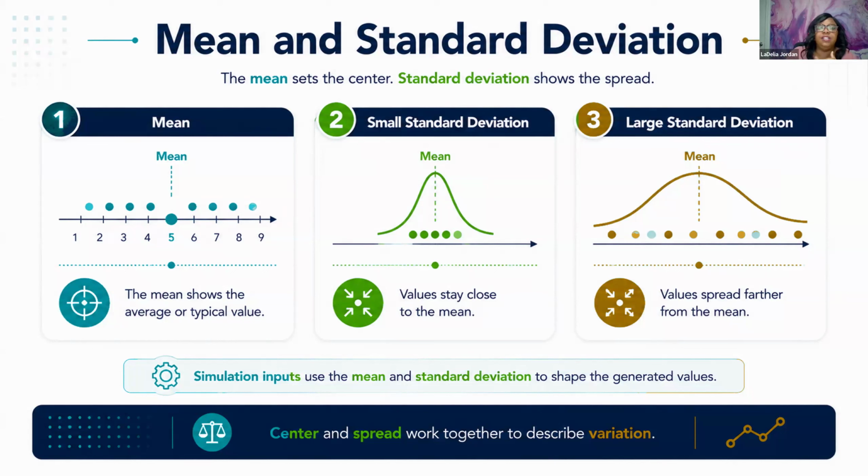A smaller standard deviation keeps the generated values closer to the average. A larger standard deviation allows the generated values to move further away from the average. These two values work together. The mean tells Excel where the center should be, and the standard deviation tells Excel how much variation to create. We obtain these values from the summary statistics for the sample data that we create.